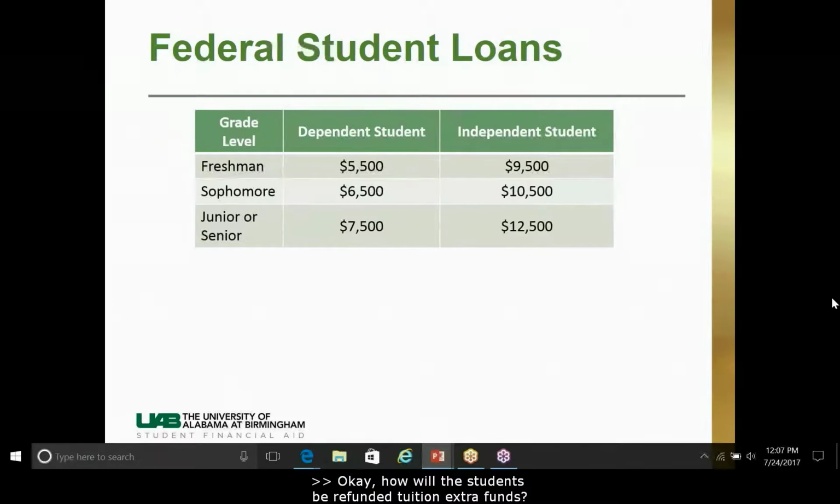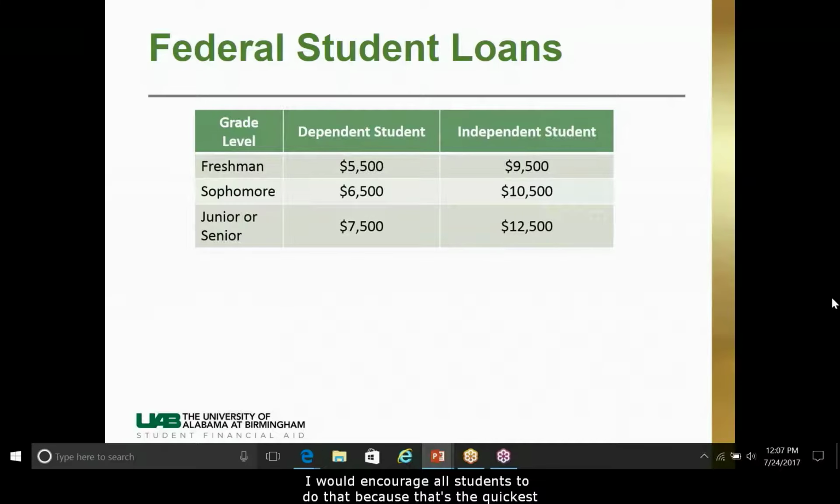Okay, how will the students be refunded tuition extra funds? Is it through the One Card or is it sent directly to them? I'm assuming that question is meaning by check. Yeah, it's sent directly to them, either through direct deposit, which they can sign up for in BlazerNet. If they visit the student profile page in BlazerNet, just to the right of their picture, there is a button that says Manage Direct Deposit.